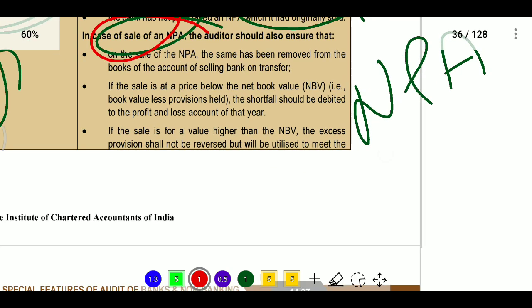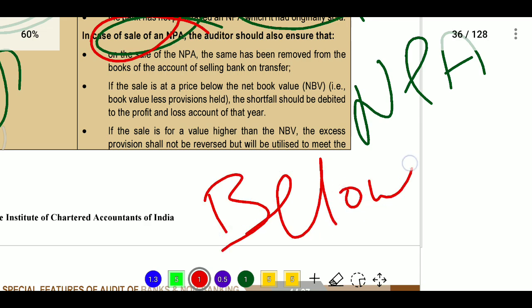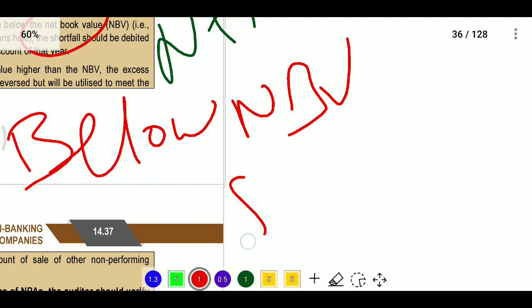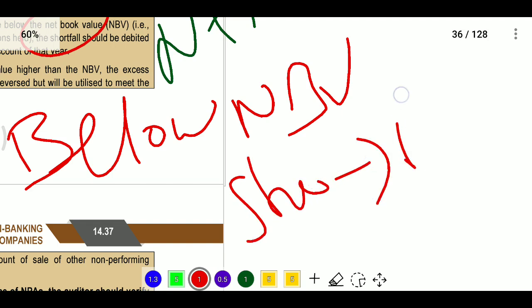Next, if the sale is below the net book value, the shortfall will be transferred to the profit and loss account.